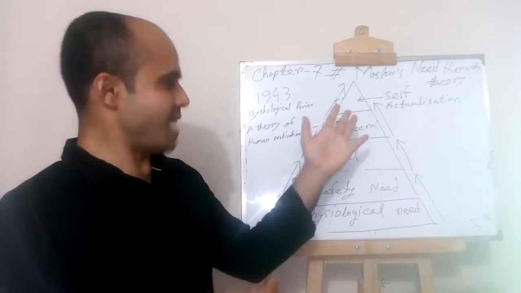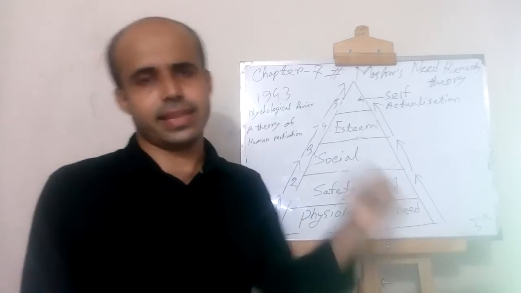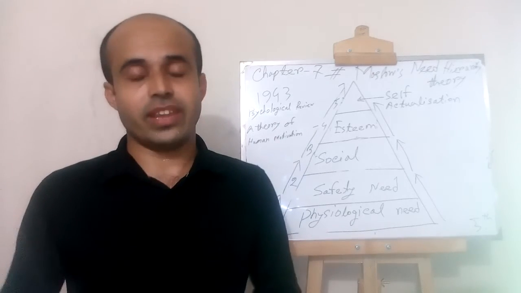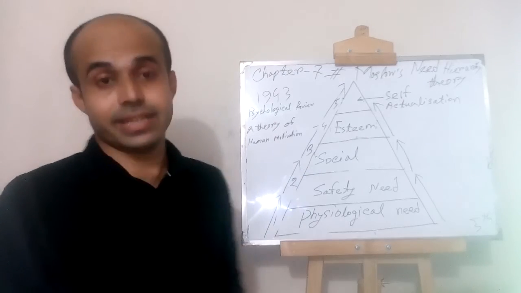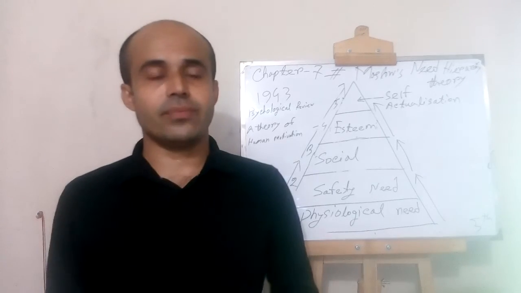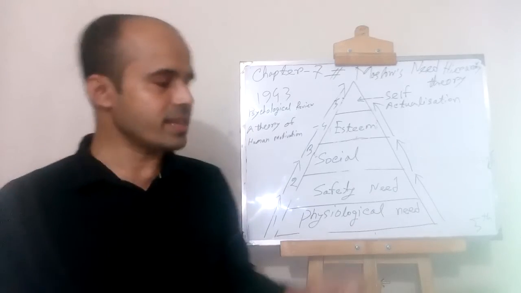So this theory created by Maslow is not 100% perfect, but mostly it is perfect. Why is it not 100% perfect? Because this theory has some criticism. What is the criticism?